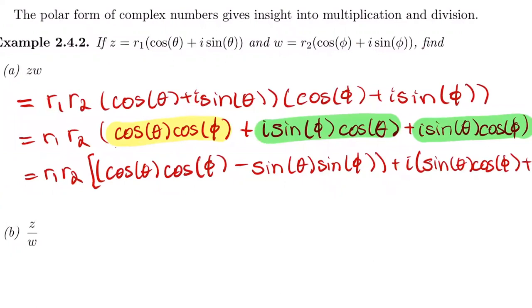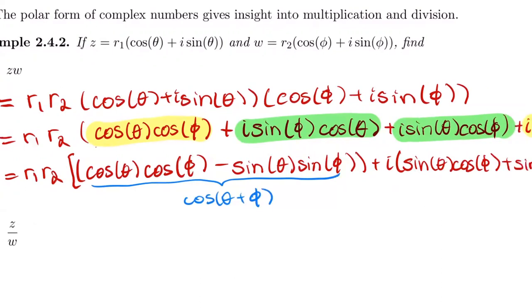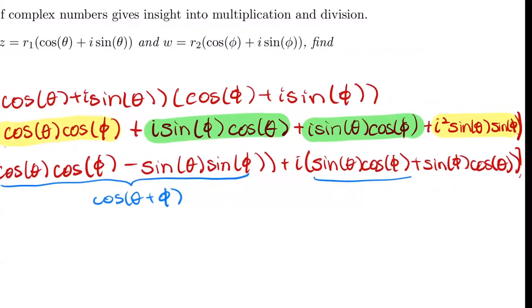Well, we could also simplify things a little bit further because I know that this part is the same as cos theta plus phi. And this part over here is just going to be sine theta plus phi.